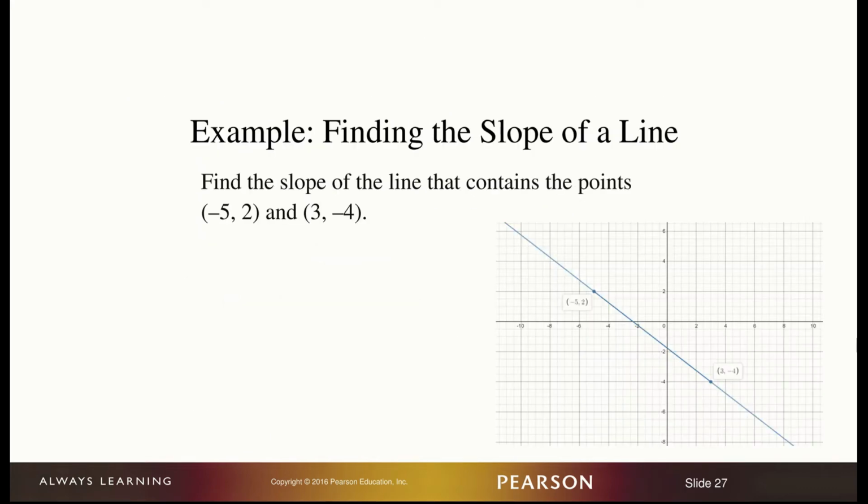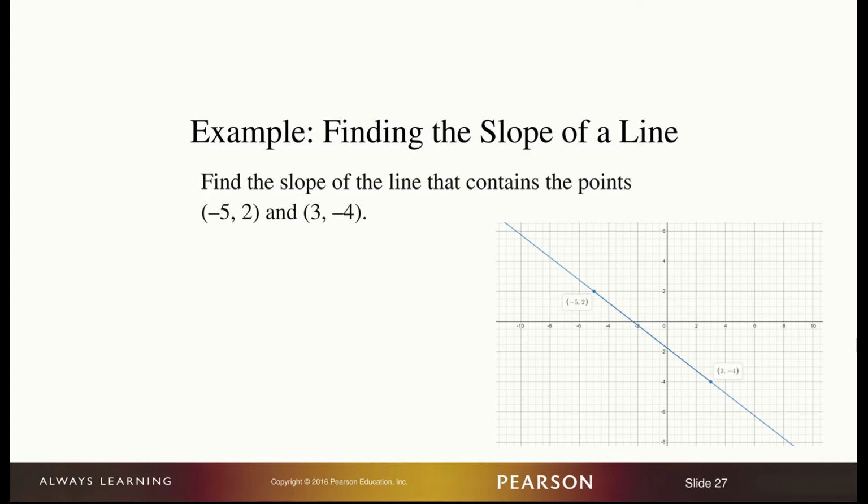Let's go ahead and find the slope of the line that contains these 2 points. Notice that we have a quick graphic of that here, and this line is obviously going to have a negative slope, so we'll verify that now.